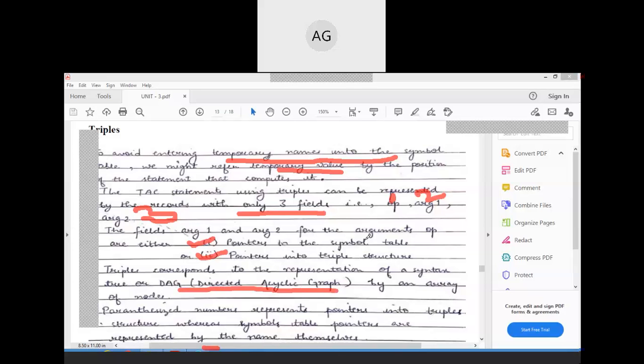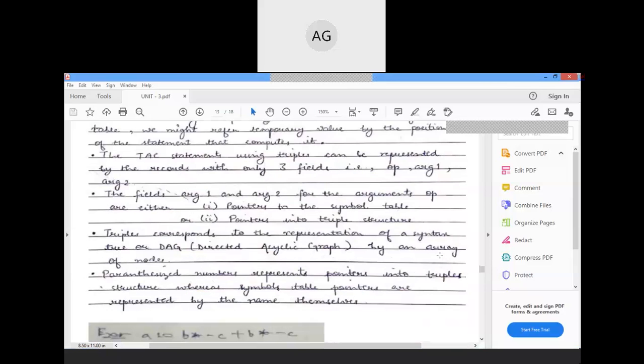We can study the directed acyclic graph in the fifth unit in detail. Parameterized numbers represent pointers into triples, as we already discussed in the previous topics, whereas the symbol table pointers are represented by the names themselves. So these are some of the important points related to the triple structure.